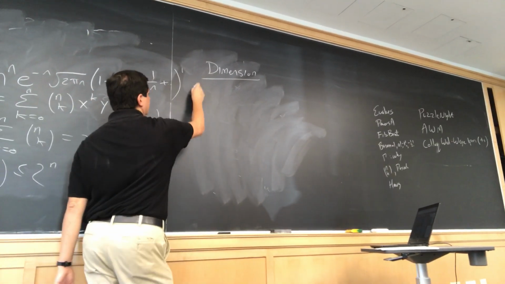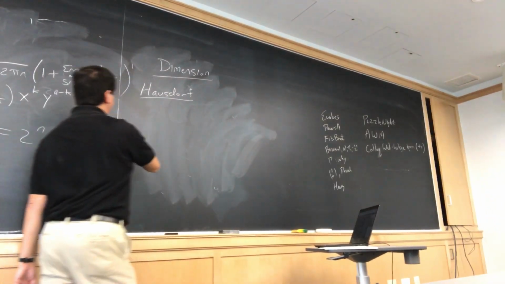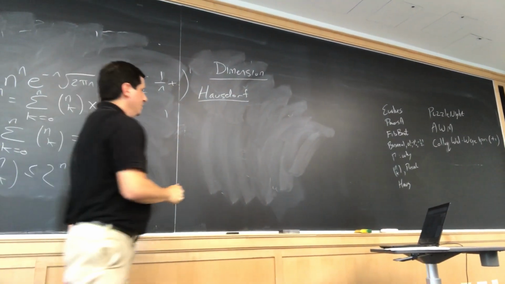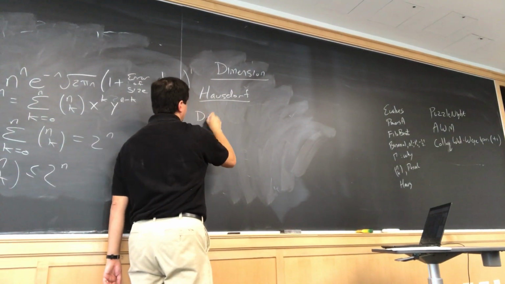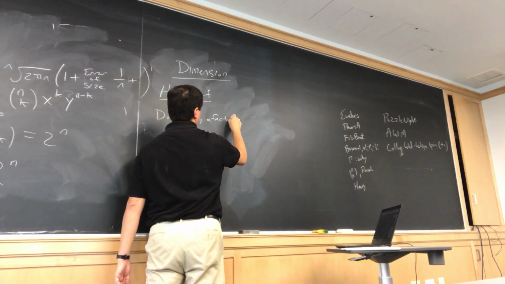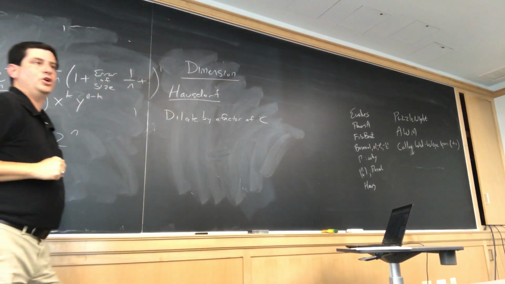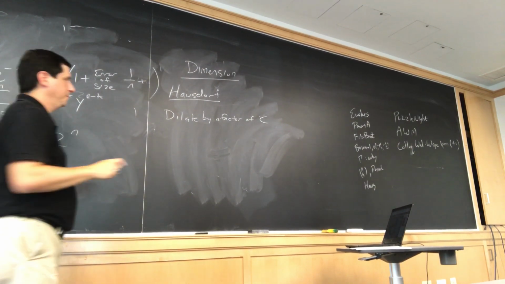So Hausdorff has a really nice way of defining dimension. If you dilate by a factor of c, you can look and see how many copies you get.